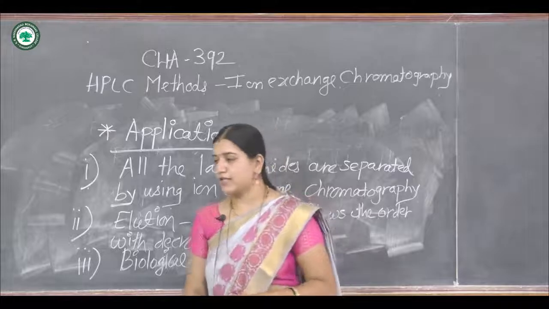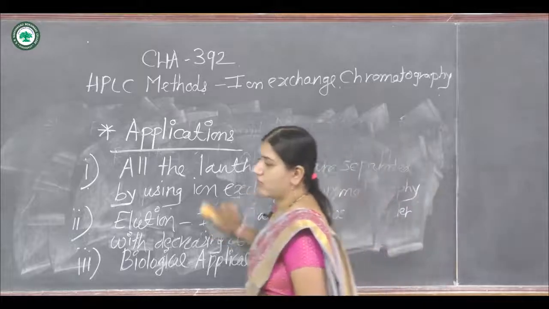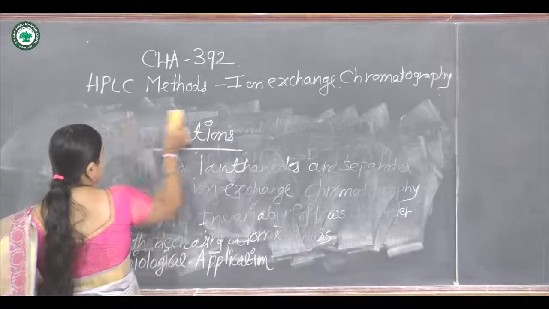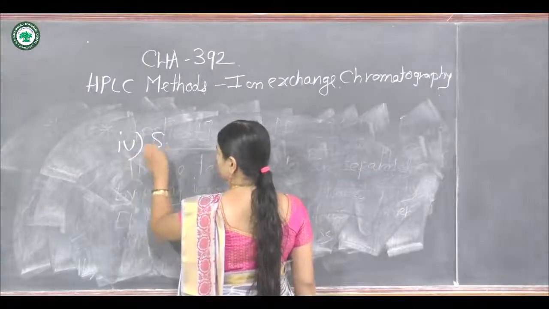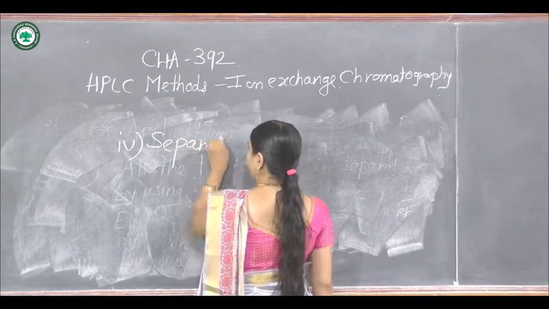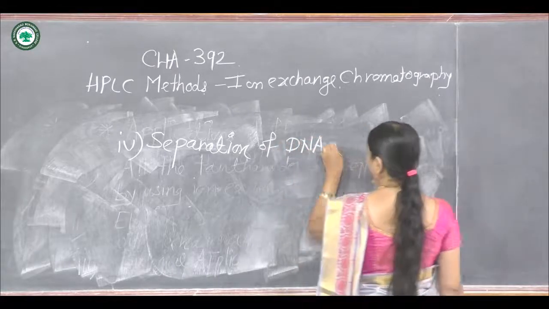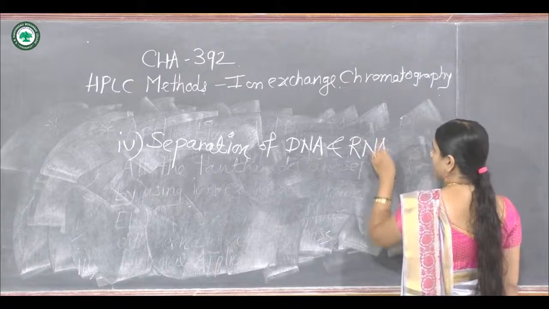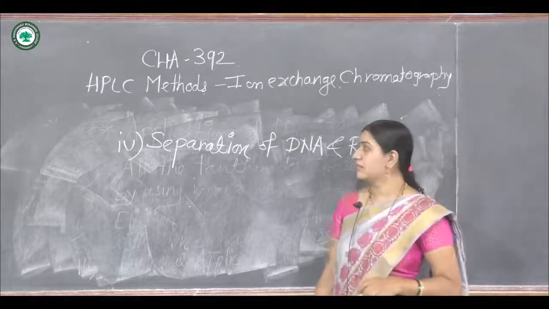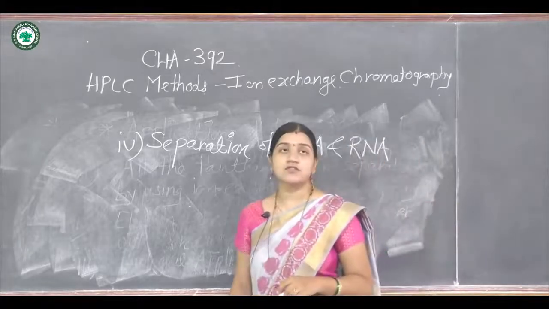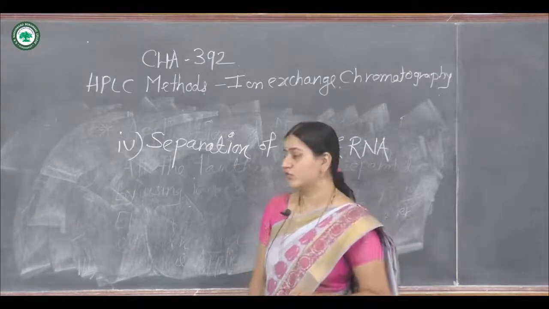The DNA and RNA present in nucleotides, it is used for their separation. Along with the separation of DNA and RNA, ion exchange chromatography is used for the analysis of 22 different types of nucleotides.